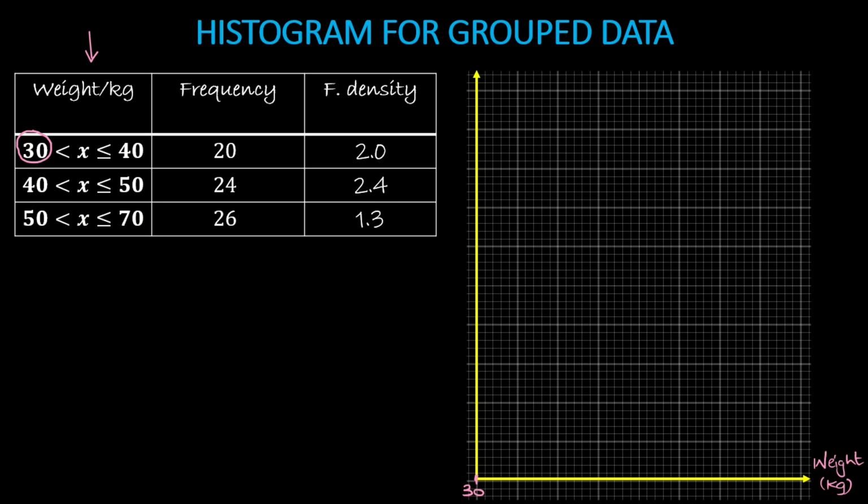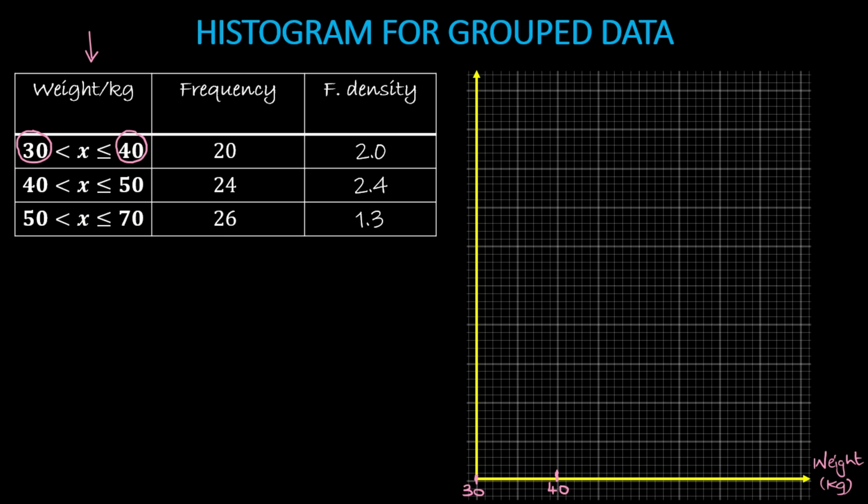Then I must adopt a scale for this axis. I know that the class width is 10 for the first interval, 30 to 40. So I choose 2 centimeters, meaning 2 big squares, to represent an interval of 10.